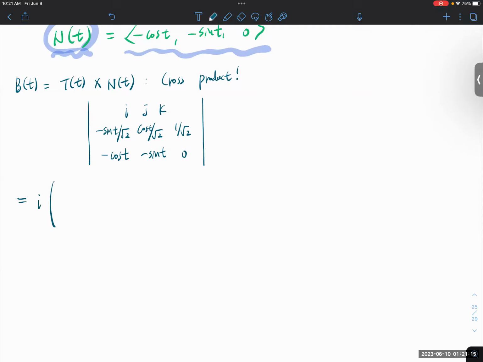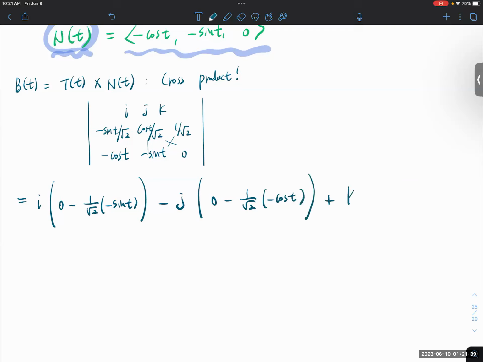You're going to do cross multiplication. That's 0 minus 1 over radical 2 times negative sine t. And then minus the j, the j is here, and then we have 0 minus 1 over radical 2 times negative cosine t.